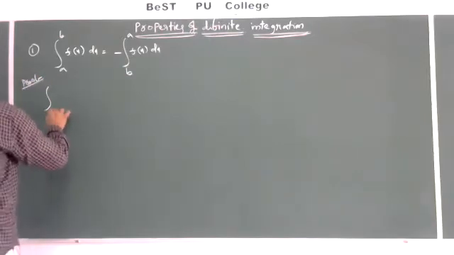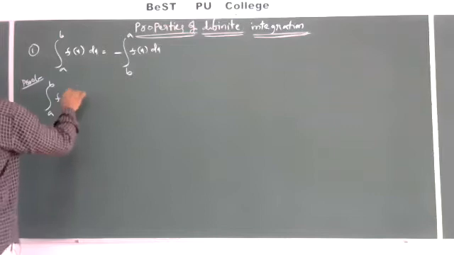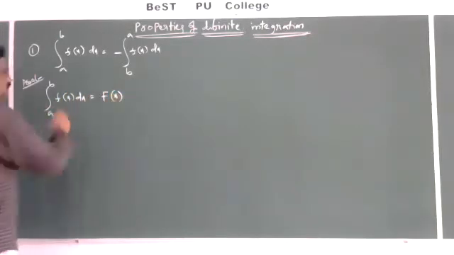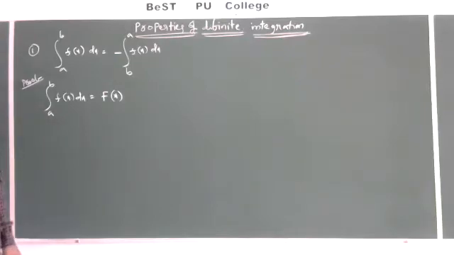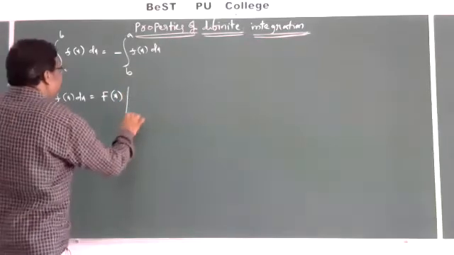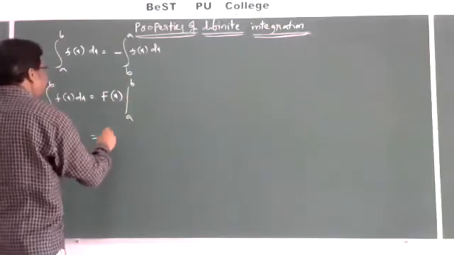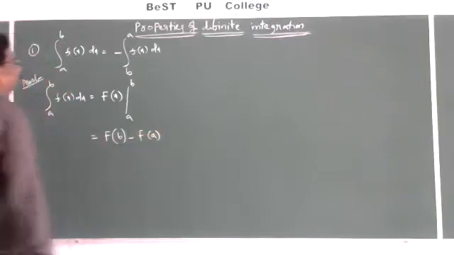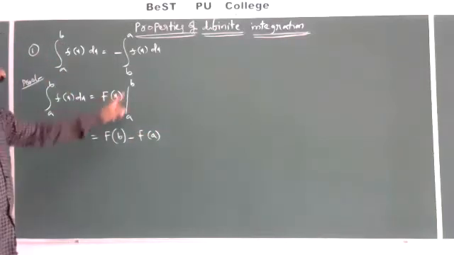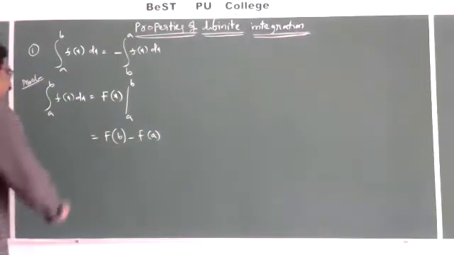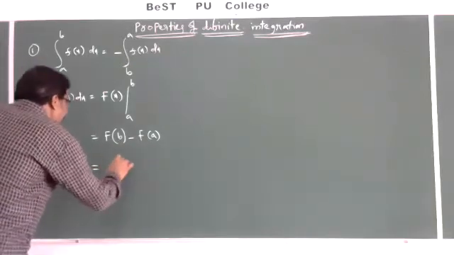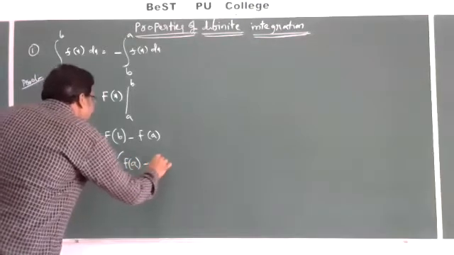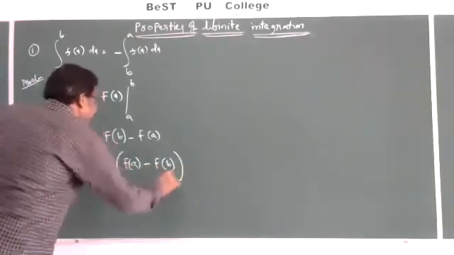First you take integral a to b f of x dx, equal to capital F of x, the integration of f of x, from the limits a to b. Then you get F of b minus F of a, upper limit minus lower limit. Then you take minus common: minus of F of a minus F of b.